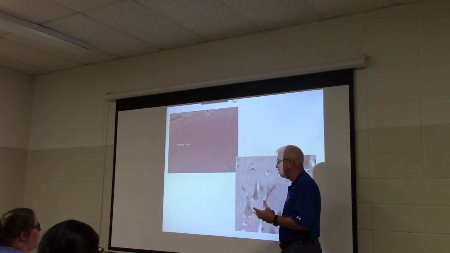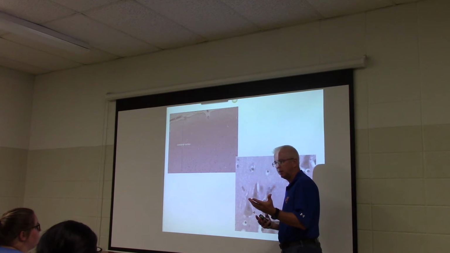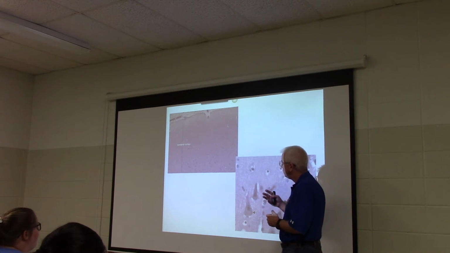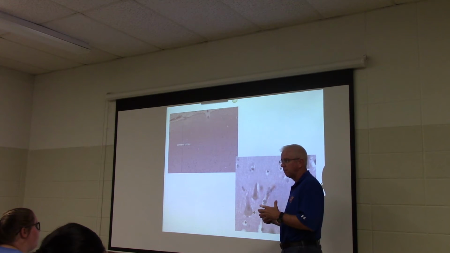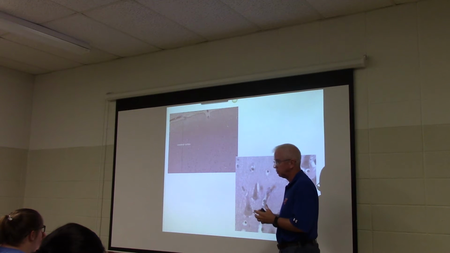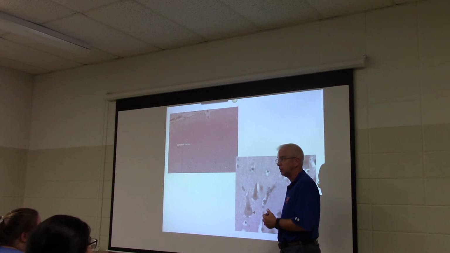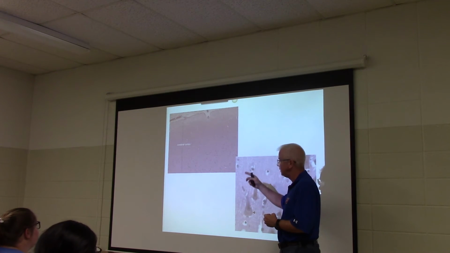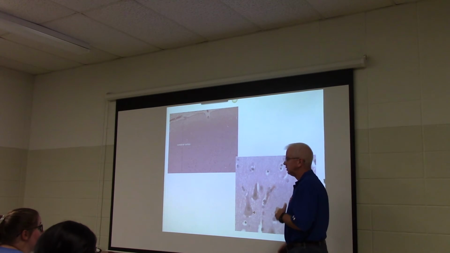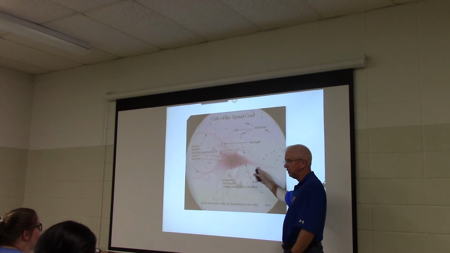These are pyramid-shaped or teardrop-shaped cells of the cerebral cortex. And when we begin to learn motor and sensory pathways, this portion of the cerebral cortex, this is a section through a place in your brain called the precentral gyrus. This place right here is where the neurons are that communicate with these.